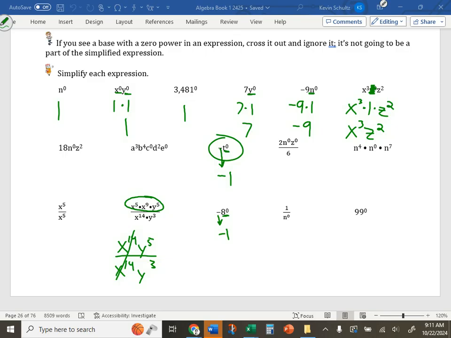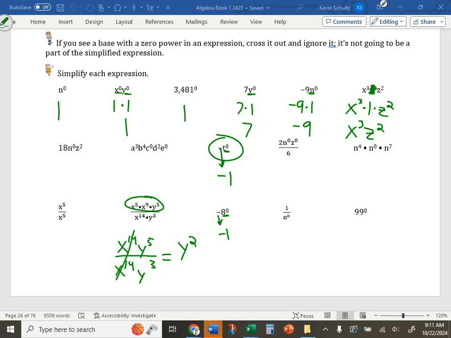The reason why the whole thing doesn't equal 1 is because we don't have the same number of y's up top as we do on the bottom. How many more y's do we have up top? 2. So our final answer is going to be y squared, because 5 minus 3 equals 2. That makes sense. Okay? It's not as simple as I thought.